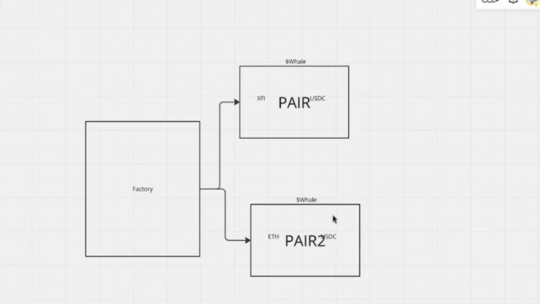So how do AMMs know the prices of USDC or ETH at a point? It's simply dependent on the ratio of the reserves of the tokens.